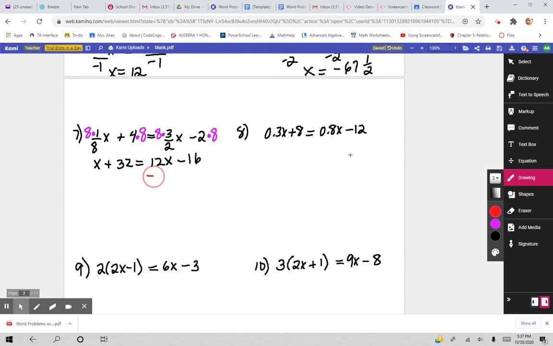So let's subtract 12x from both sides. So this will be gone. 1x, you could put a 1 over here. 1x minus 12x is negative 11x, or minus 11x plus 32 equals negative 16.